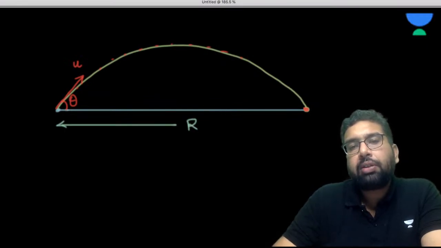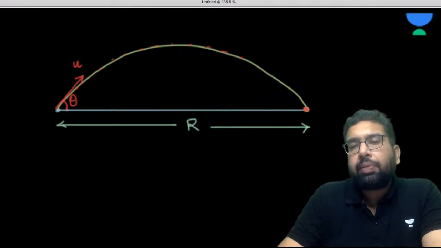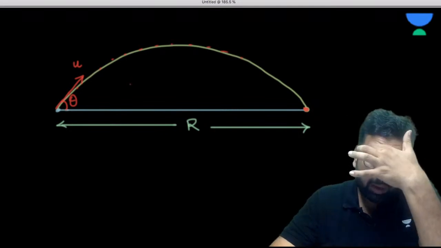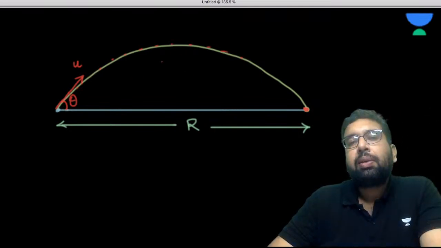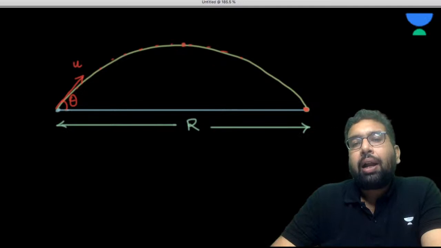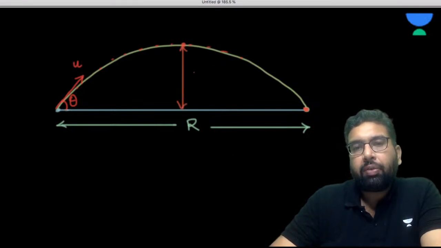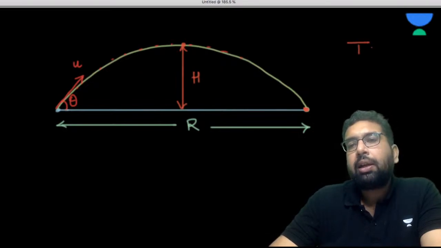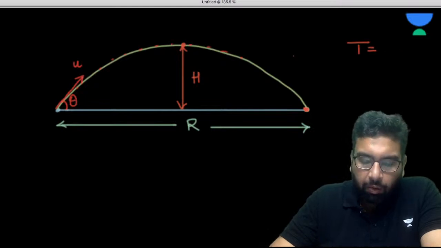In the last session we dealt with it a lot, but I'm just giving you a revision. Three things are important. One is R, the range. One is H, the maximum height this projectile reaches. And the third thing is T, the time of flight.